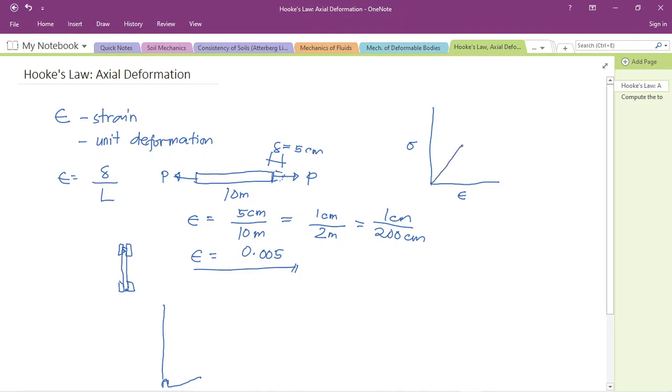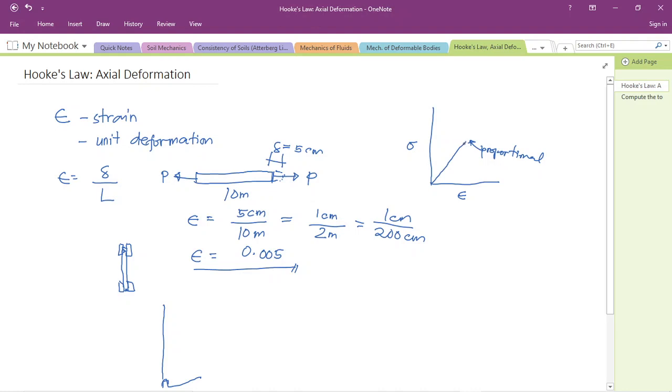May time na proportional yung stress sa strain, and that limit is until lang sa proportional limit. Hanggang dito sa proportional limit, ito yung ginagamit natin sa strength of materials, kung ano yung stress at this point. So, that is what we use as the strength of the material.